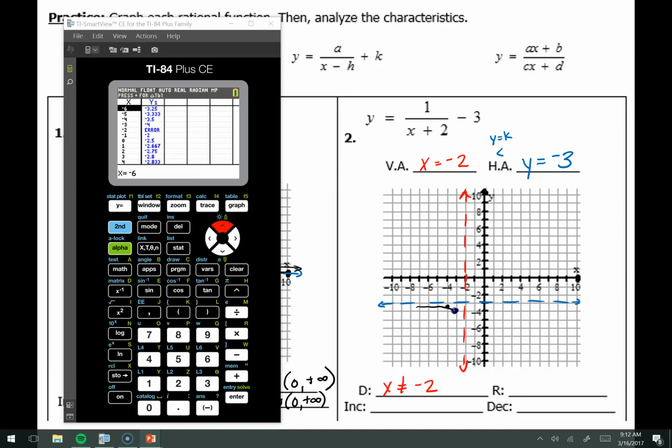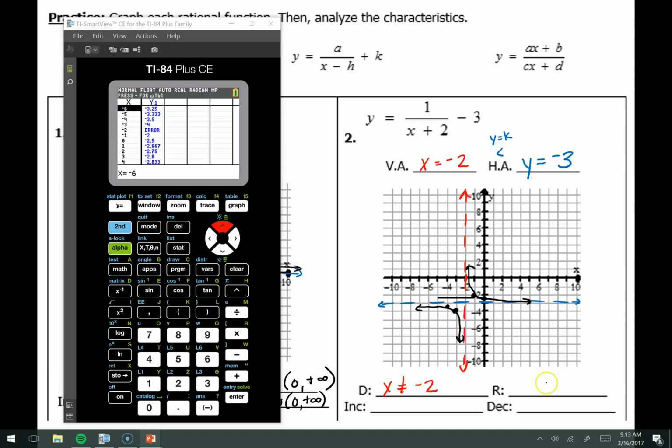And that roughly gives me enough to draw that shape. On the other side, I have -1, -2. And I have, let's see, 0, -2.5. So that's really close to that asymptote. That gives me this branch, again, not ever actually touching my horizontal asymptote.